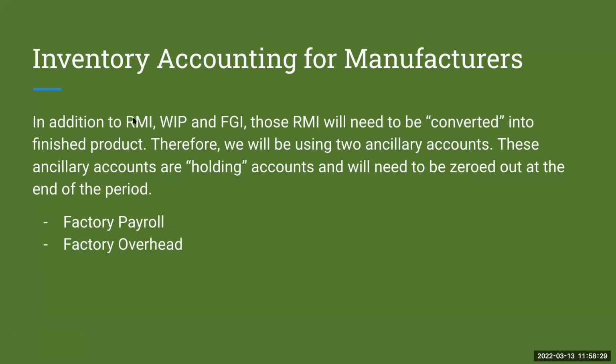However, unlike raw materials, work in process, and finished goods that we can physically observe, factory payroll and factory overhead are going to have to close out to 0. Very, very important. These are temporary accounts that have to go to 0 by the end of the period, meaning they're going to have to be allocated into one of these accounts, and we'll see how that works momentarily.